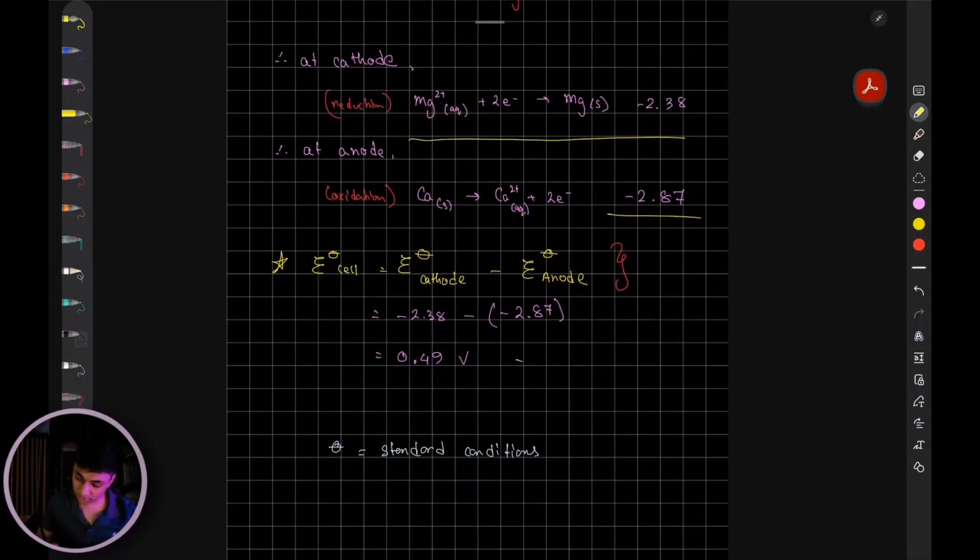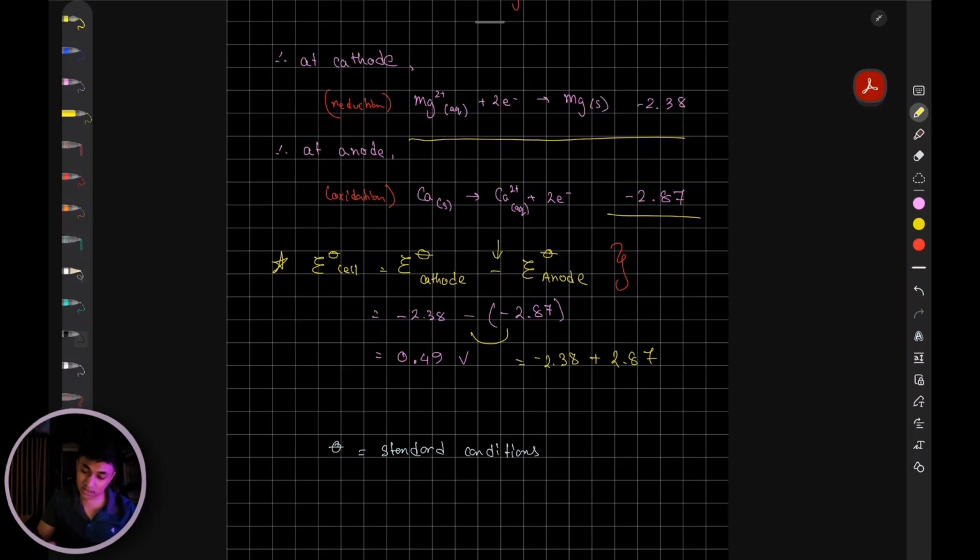Why? Because notice, at the cathode, reduction is indeed taking place. So you will definitely take minus 2.38. However, at the anode, oxidation is taking place. Reduction is not taking place, which is why you add a minus sign such that it changes it into a positive sign, meaning oxidation is taking place over there. Therefore, plus 2.87.